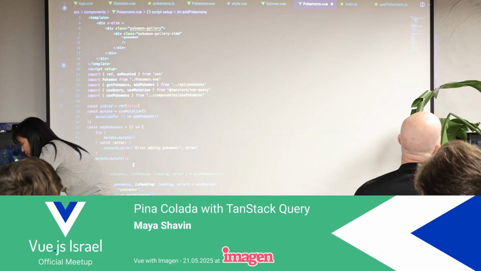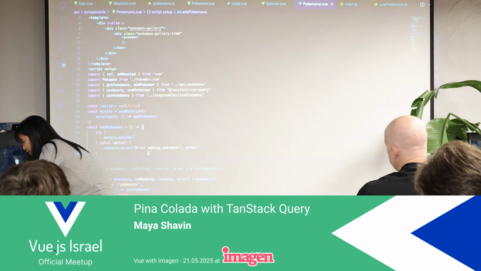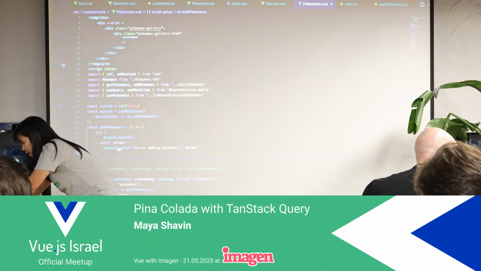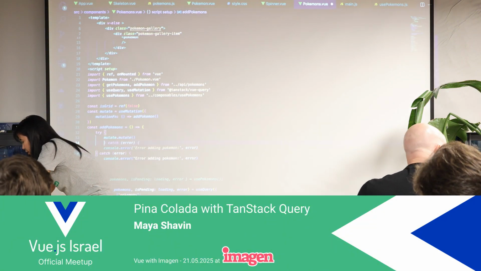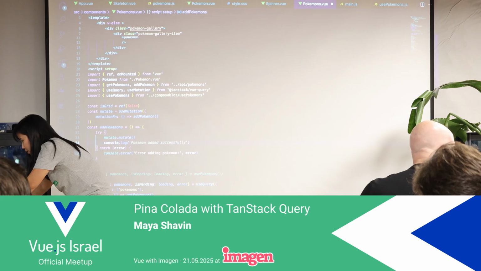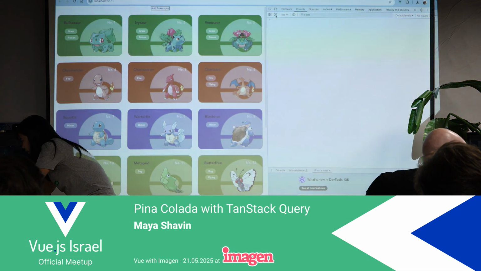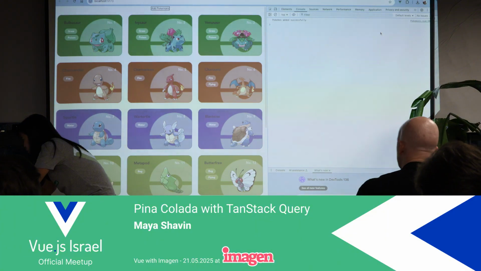And then you can try this, and then console log. Yeah, and then here, if you look at the console, when we do something like this, we will have the Pokemon added successfully.